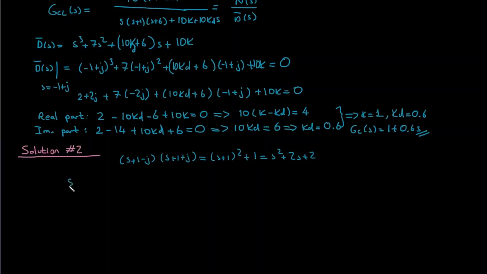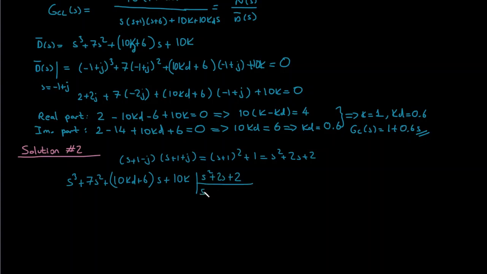So I will get d bar is s cubed plus 7s squared plus 10kd plus 6 s plus 10k divided by s squared plus 2s plus 2. Okay.